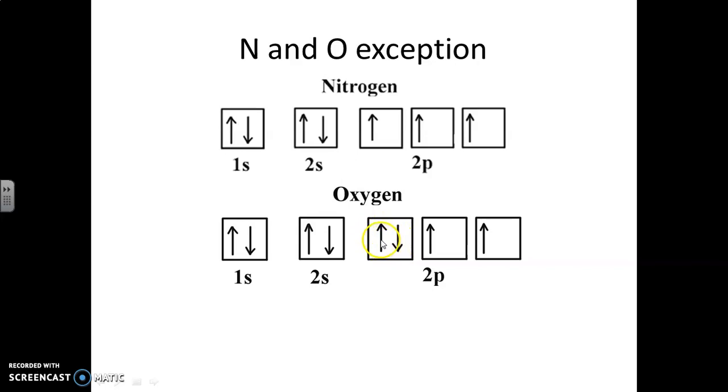So to relieve the repulsion force between the two electrons, it's easier to remove an electron from oxygen than it is from nitrogen, because it has two electrons together in an orbital, and there's a repulsion force between them, which makes it easier to take the electron away. It's easier to take this one away because they're kind of repelling each other to begin with.